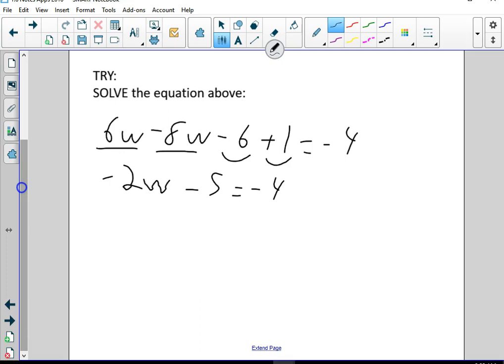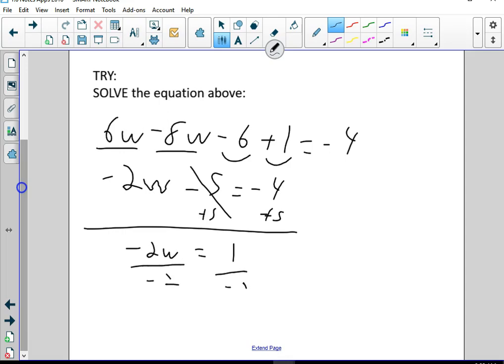Now, I'm going to add 5 to both sides. Those cancel, giving me negative 2w equals 1. Divide by negative 2, and w equals negative 1/2. That's solved.